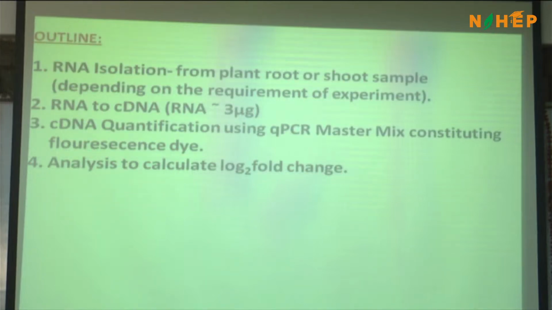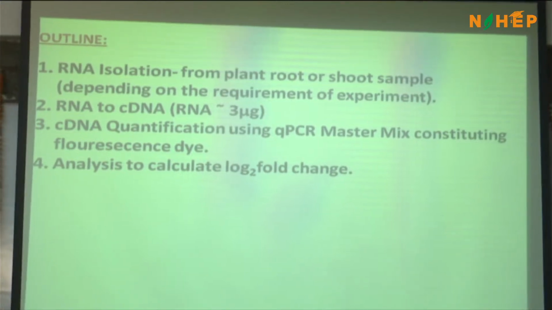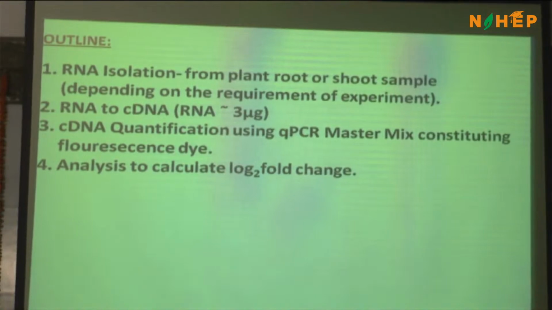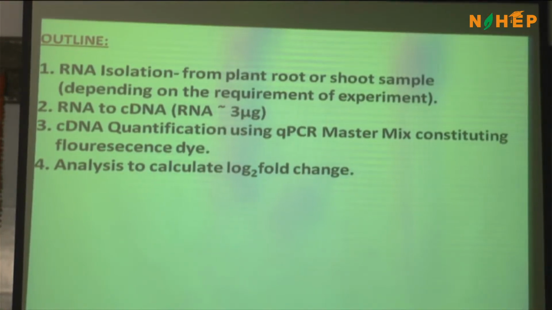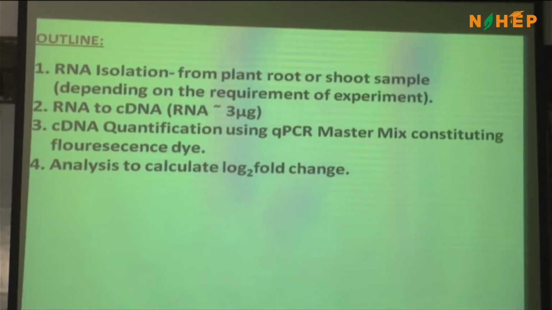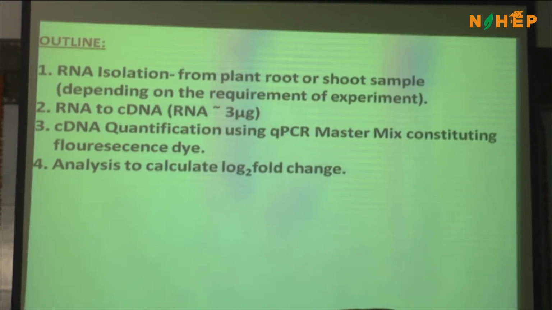So what we did yesterday, or you can just write it also for your own benefit. We first isolate RNA from the biological sample which we have. It can be a plant shoot, anything. Then we convert this RNA into cDNA.